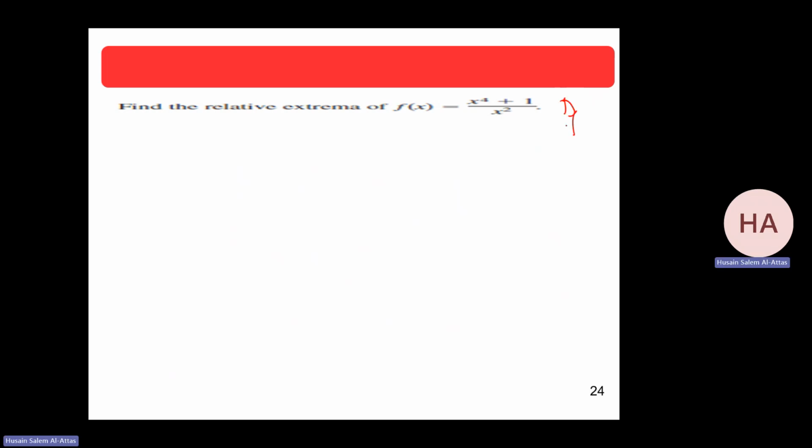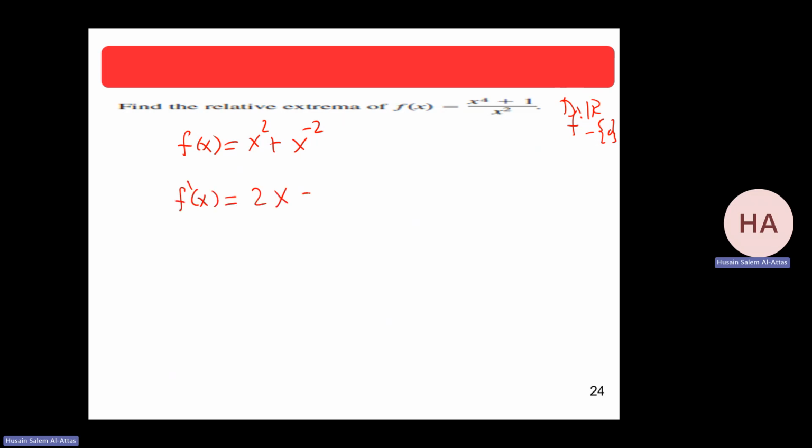Okay. Find the relative extrema of this function. Now be careful. What's the domain of f? All real numbers except 0. And what is the function? The function is x squared plus x minus 2. That will be the function if I distribute it. I will rewrite it in a different way. So it will be easy to find f prime now.